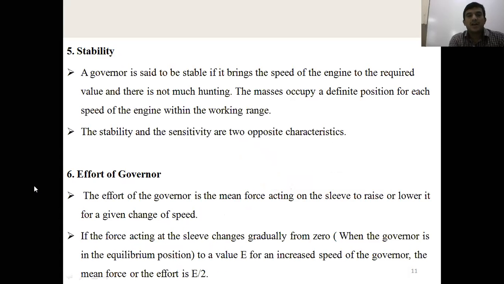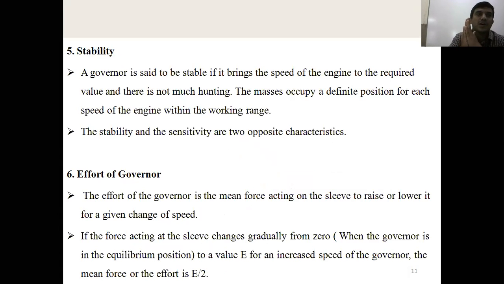Next, stability. Already we discussed what stability means. If the speed of the governor shaft axis increases, the radius of rotation of the governor ball also increases. If the governor shaft decreases its speed, the radius of rotation of the governor ball decreases. That you can say the governor is stable. Unstable means if the speed increases, what happens?